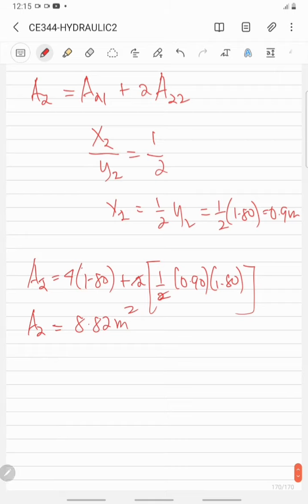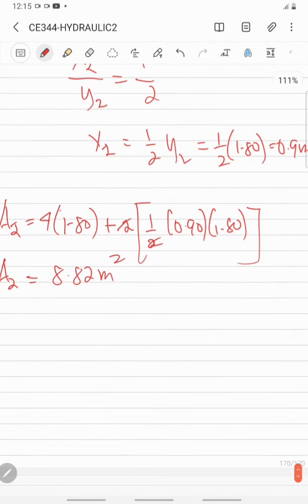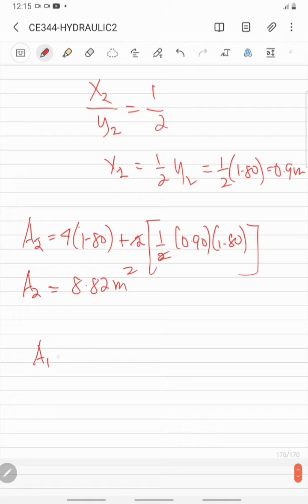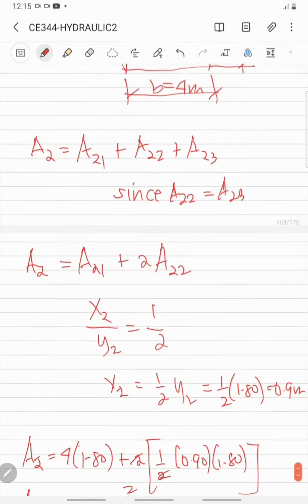Then we will also compute the area and its location of the centroids from the water surface. So we have area 1 yc1.